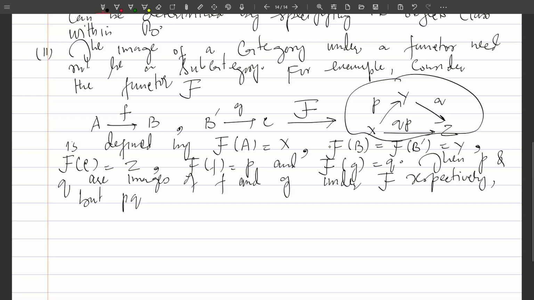I mean, pq is not the image of any morphism. So the image of this functor is not actually a subcategory.